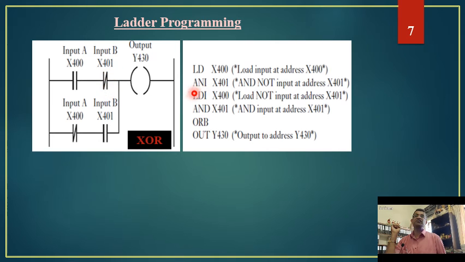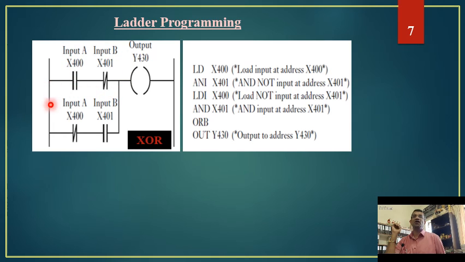That is why we have an AND operation, which means that something is connected in series, and I, which means it is normally closed. Which address? X401. So these two lines take care of these two inputs or these two switches.